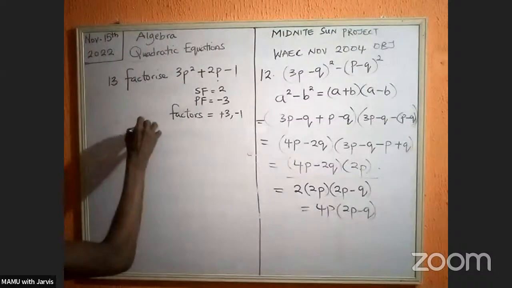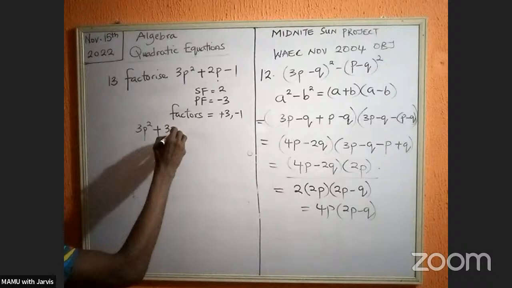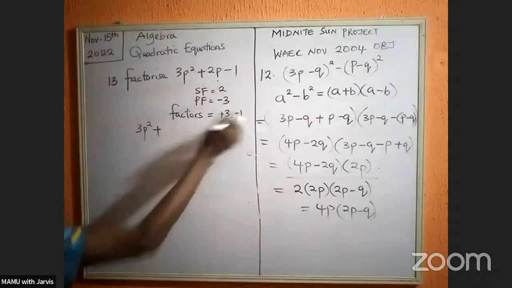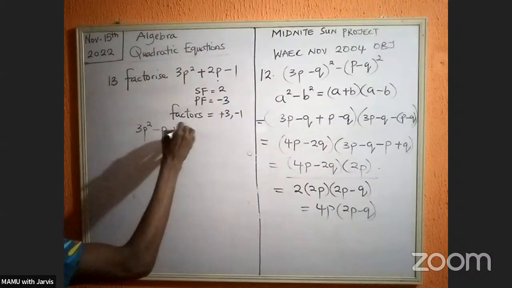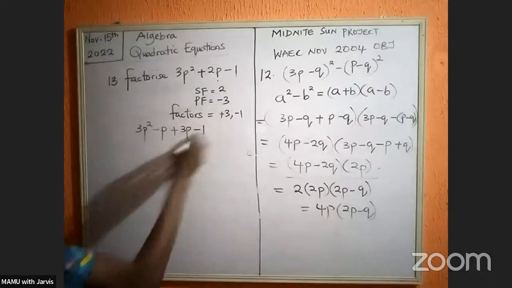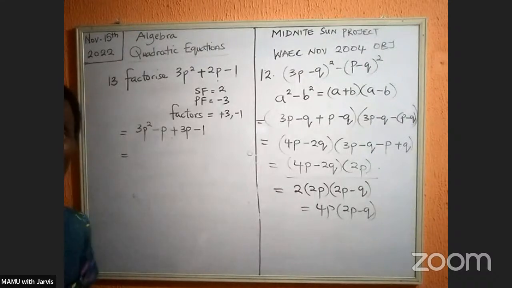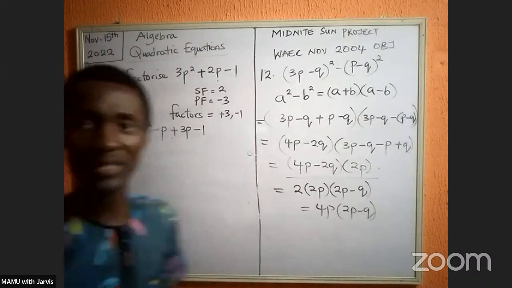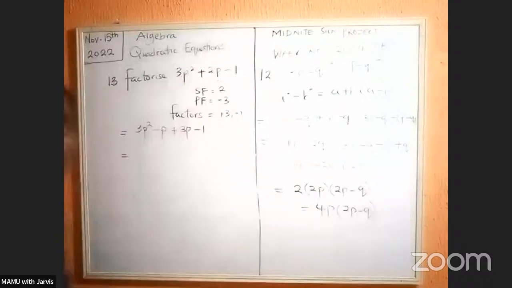This becomes 3p squared plus 3p, let's say minus p, plus 3p minus 1. Now, please remember that you can use the other pattern. It's still correct, but because of years of experience, I try to avoid certain kind of narrative when I'm solving problems. All right?